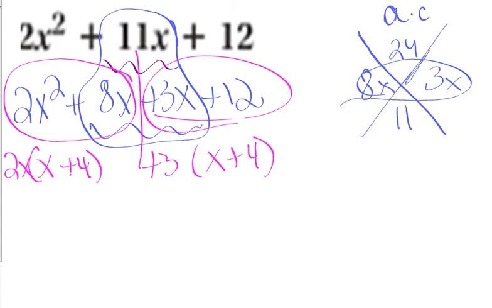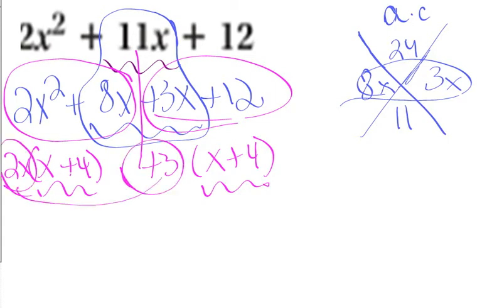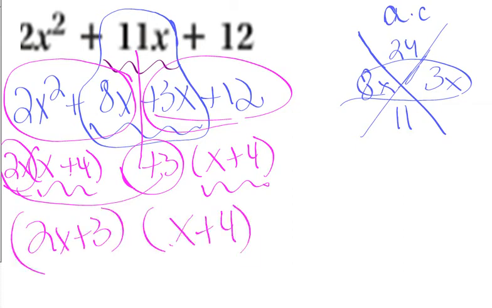Now let's look at our 2 binomials. We've got an x plus 4 and an x plus 4. They're the same, so we can regroup and restate it as 2x plus 3 times x plus 4. And that's our answer.